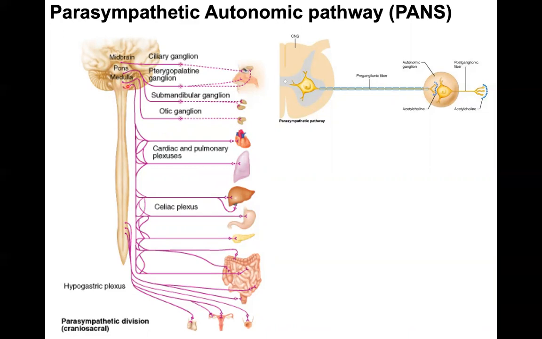This one nerve right here that has all of these controls over all of these viscera, including the heart, lungs, and the digestive system, that's cranial nerve 10, which we'll be talking about in lab today. This is the vagus nerve. The vagus nerve has a really strong association with the parasympathetic autonomic nervous system.